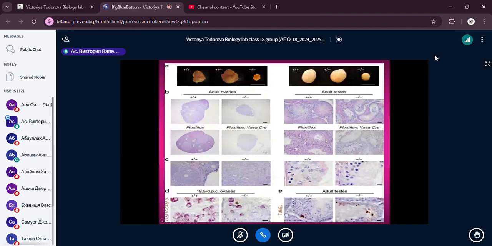And if you were here, we make slides with adult testes from a mouse. This is how they look like. They are so small, maybe a few millimeters.